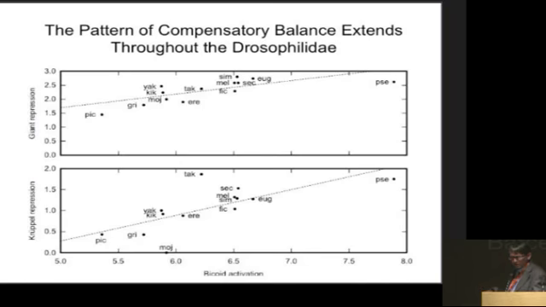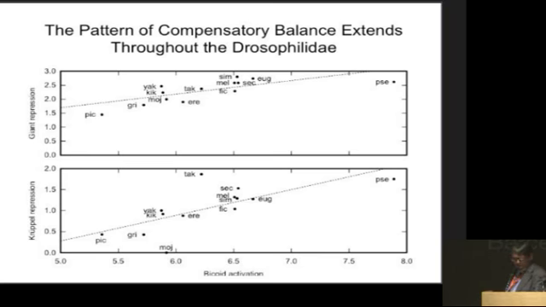You can also go back and look at this over a much wider phylogenetic distance with enhancers from many extant species. And in fact, this pattern of compensatory balance extends through the Drosophilidae. And so now that we have a much more precise model, we're going to extend these studies and resurrect enhancers that go further back.